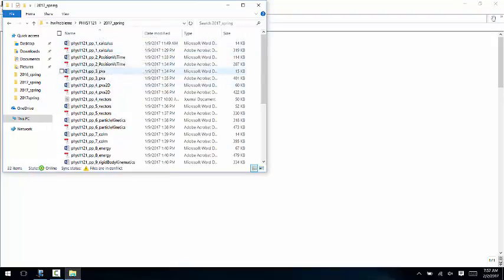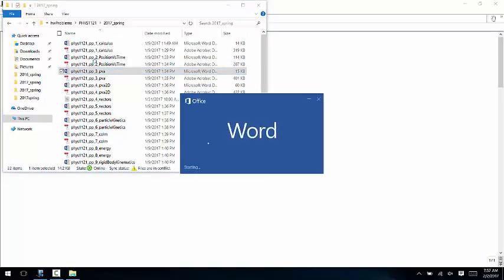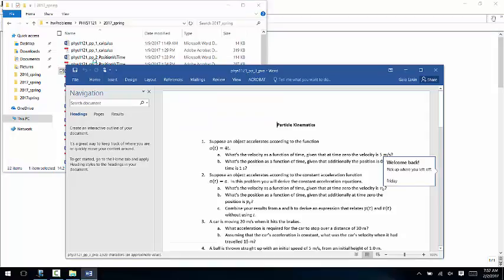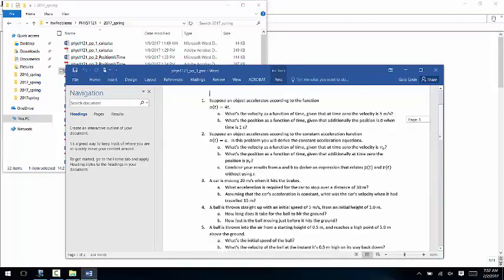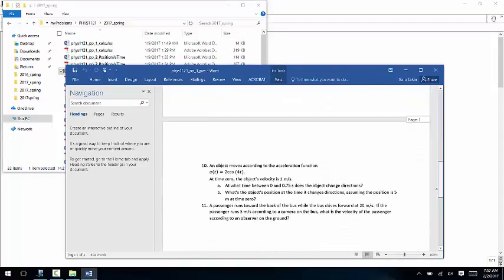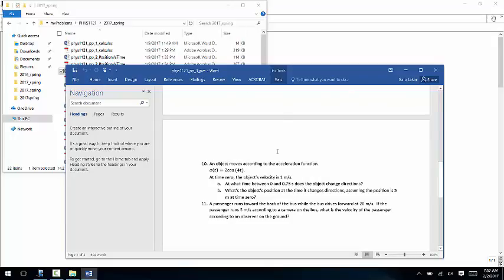On particle kinematics along a line? Is it the object moves according to the acceleration function? Okay.